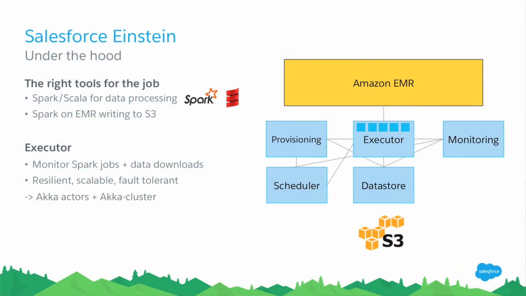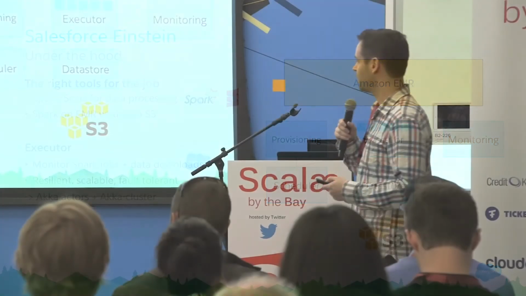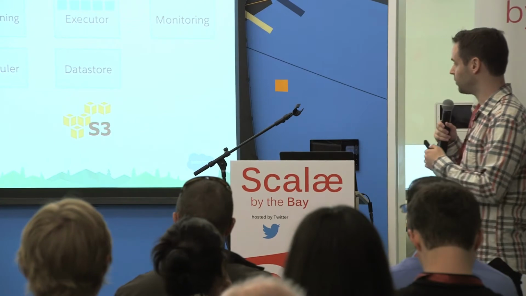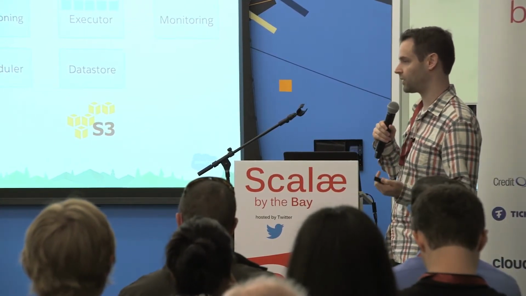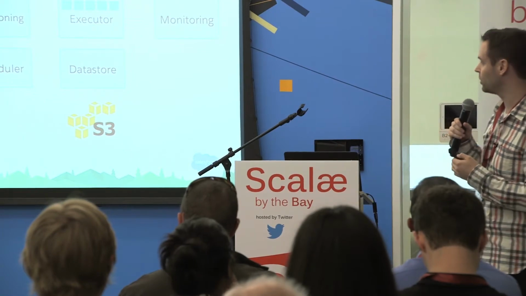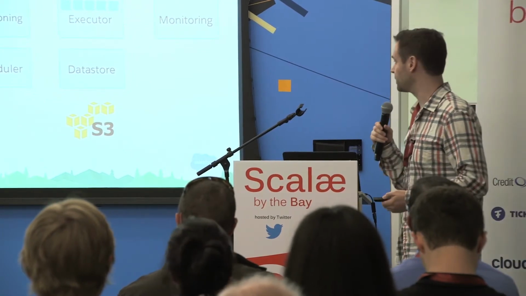One of the critical pieces of the architecture is our executors microservice. Its function is to monitor Spark jobs from Amazon EMR, and it's also running our ETLs from the Salesforce API. And that piece had to be very resilient, scalable, and fault tolerant. So we decided to use Akka actors and Akka cluster to implement that microservice.